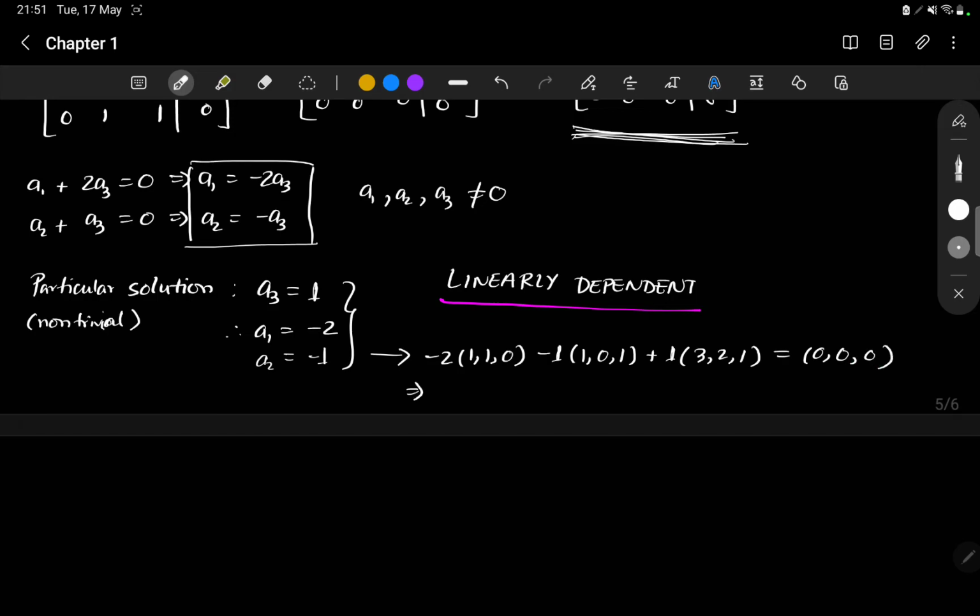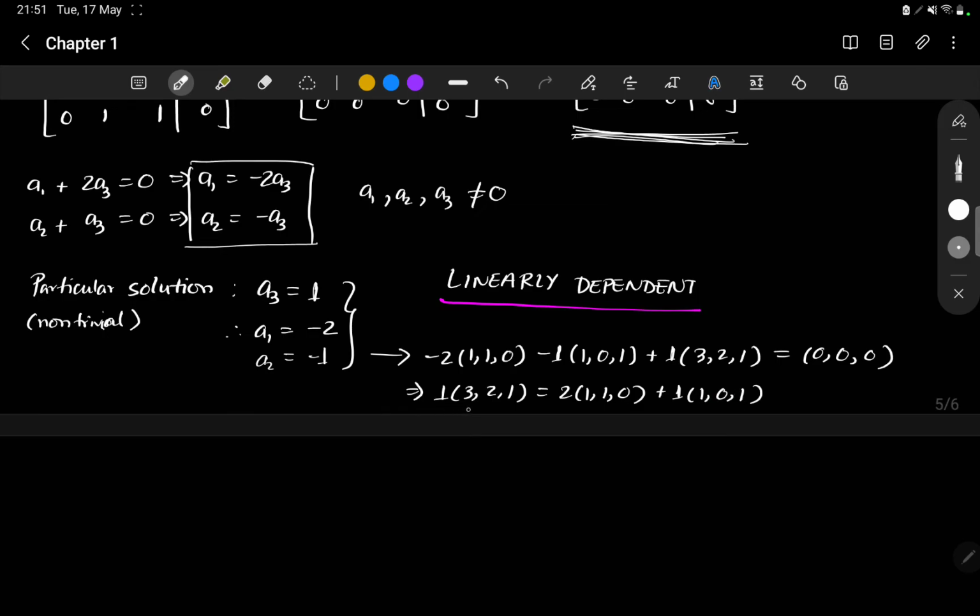This can be rearranged and written as follows. What we have is that the third vector 3, 2, 1 can be written as a linear combination of the other two vectors that we have, of the first vector and of the second vector.